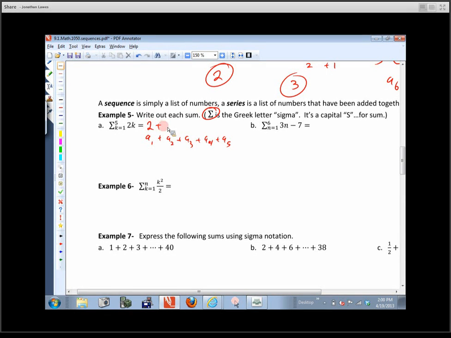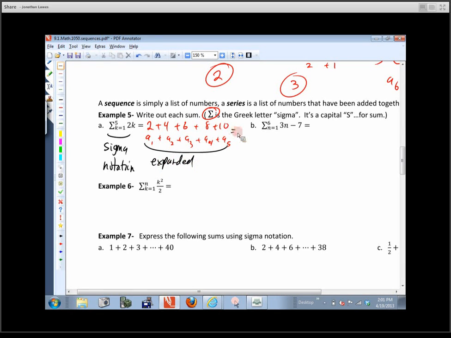Second term is a 4. Write a plus. 6, 8, and 10. So this right here is called sigma notation. This right here where we've written it out, that's called expanded form.